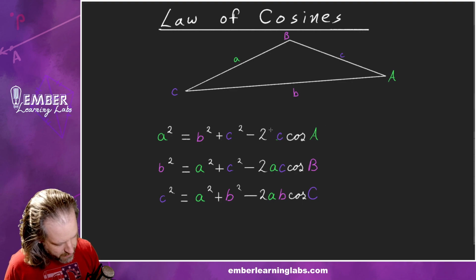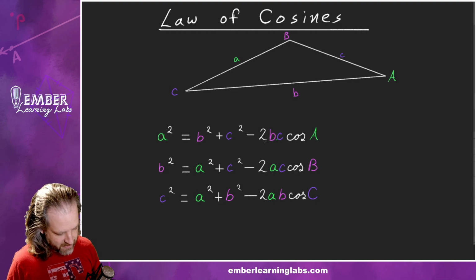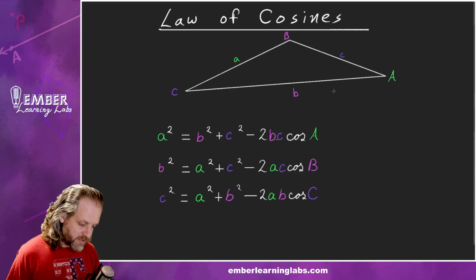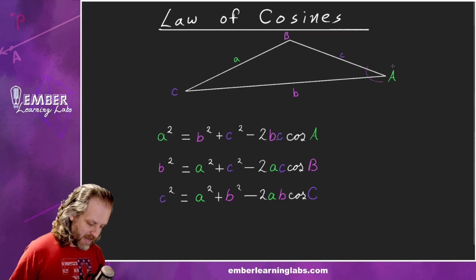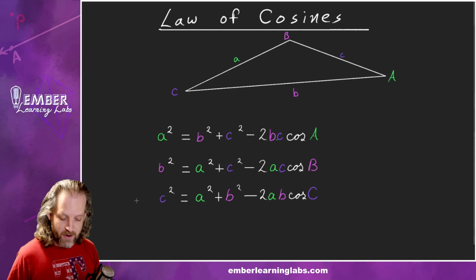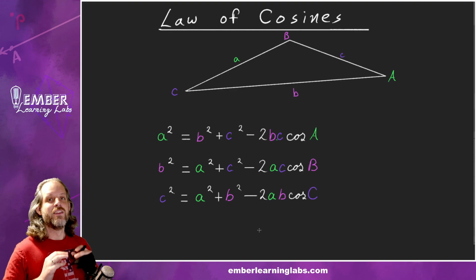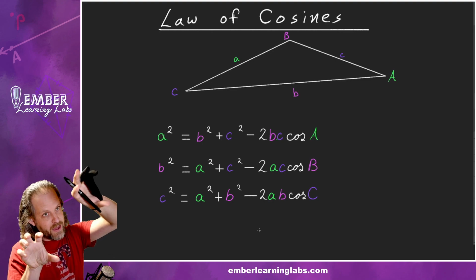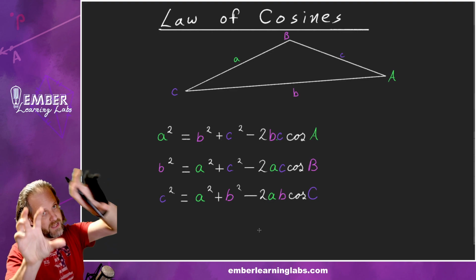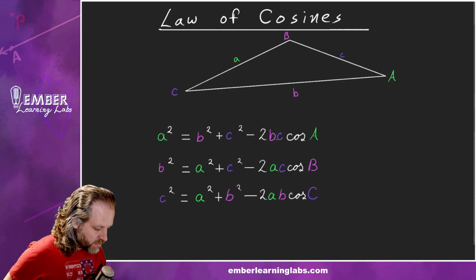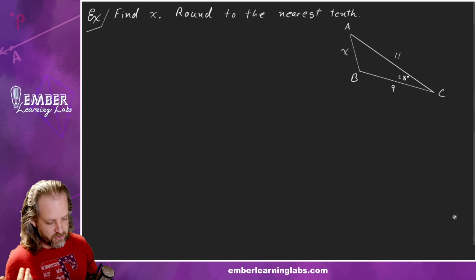How about we put a B right there? There we go. Times those two sides, the same as these, multiplied times the cosine of its opposite angle, right? And that's true, and it works that way for all of these. It's the square of the side equals the sum of the other two squares minus 2 times those two multiplied times the cosine of the opposite angle. Always.